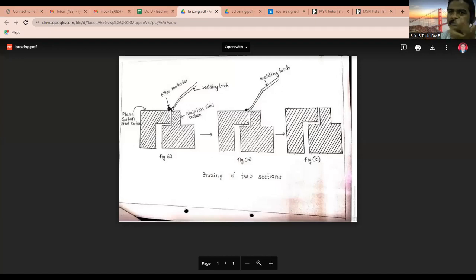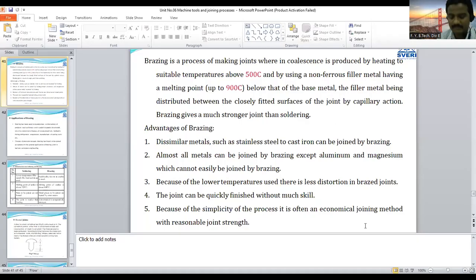Advantages: similar or dissimilar metals can be joined. This is also one advantage.